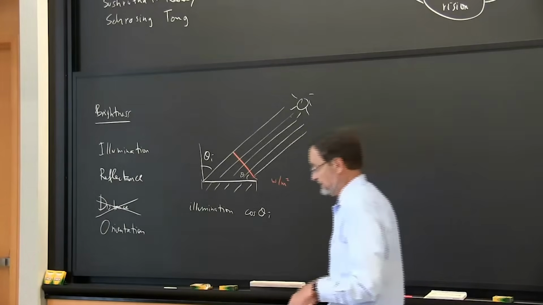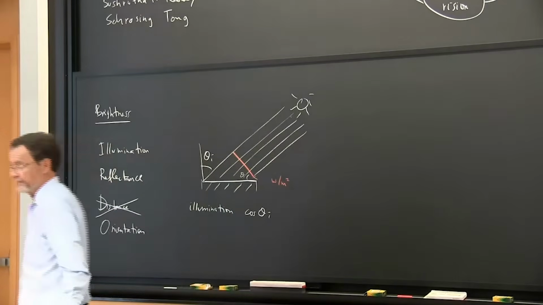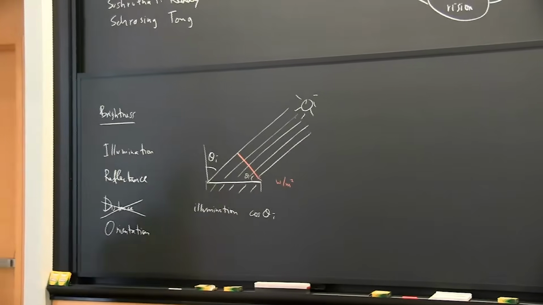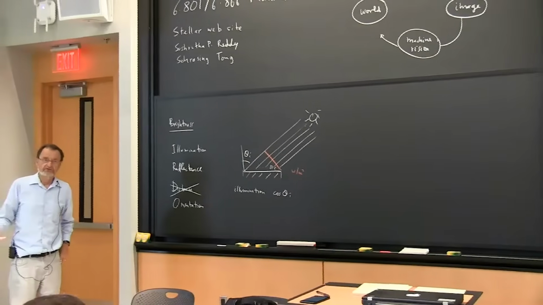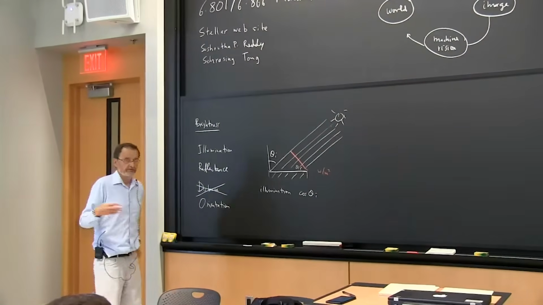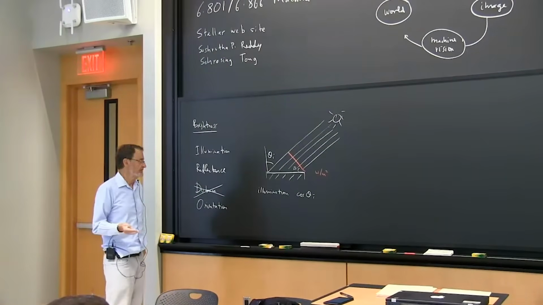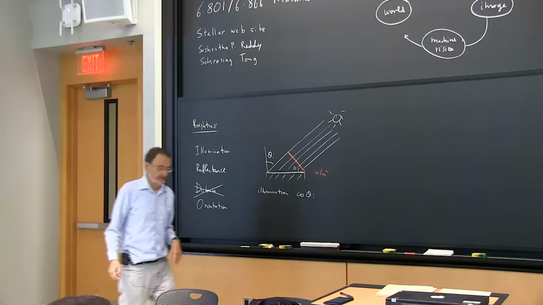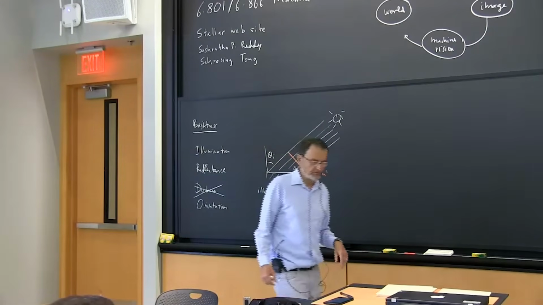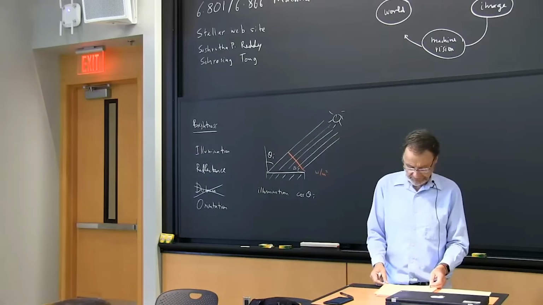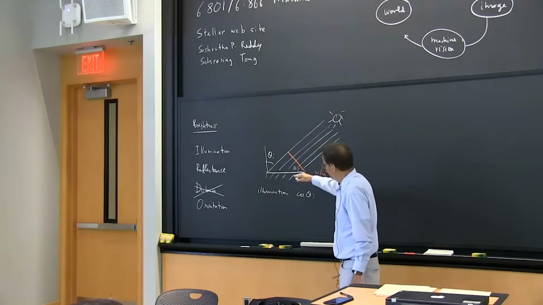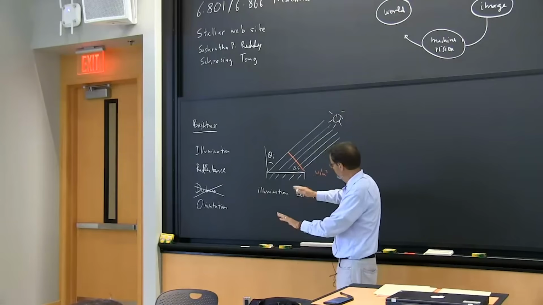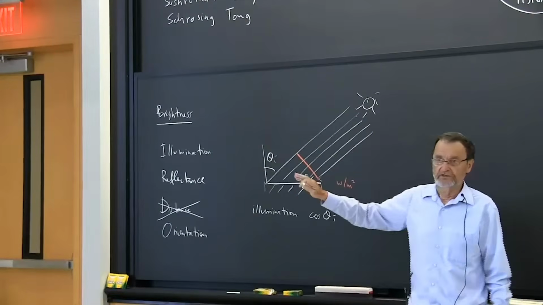And this is something that we'll see again and again. Now, it doesn't necessarily mean that its brightness, the amount of light it reflects, goes as the cosine of the incident angle. That is the simplest case. And so here's an example where we could use an image brightness measurement to learn something about the surface, because we can look at different parts of the surface and they'll have different brightnesses depending on this angle.